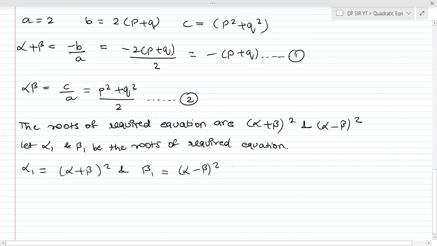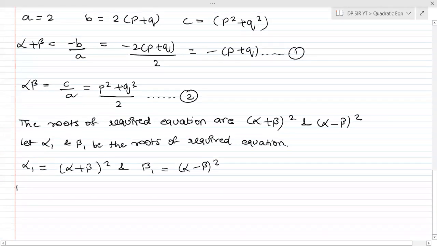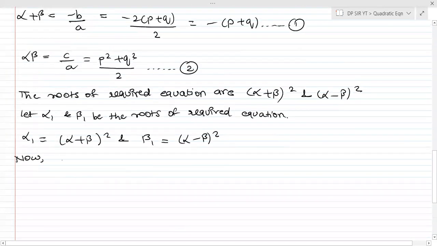Okay, now the sum of the required roots, that is alpha 1 plus beta 1.